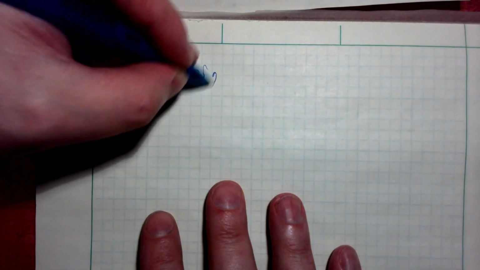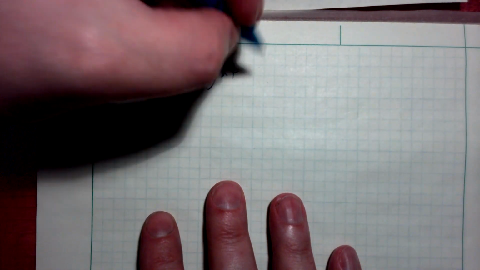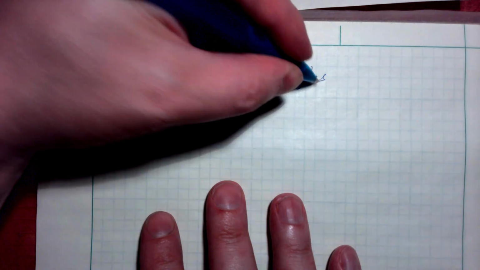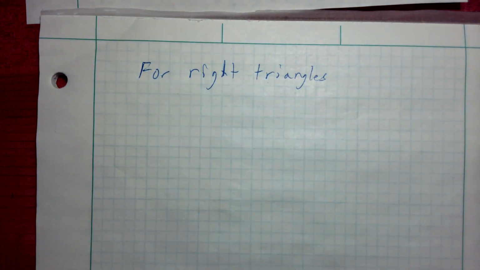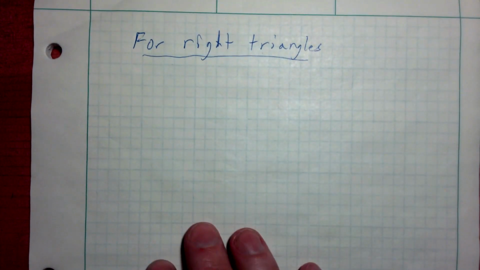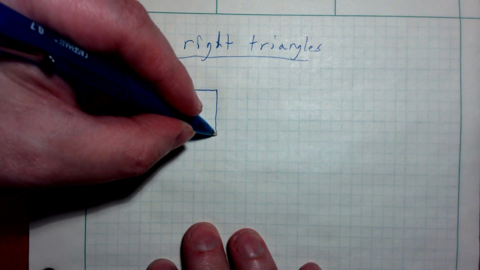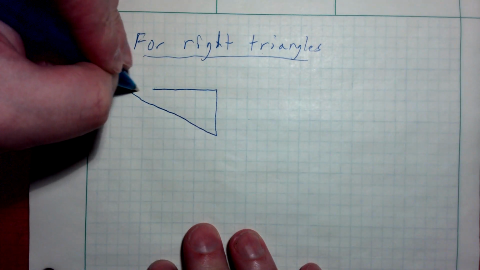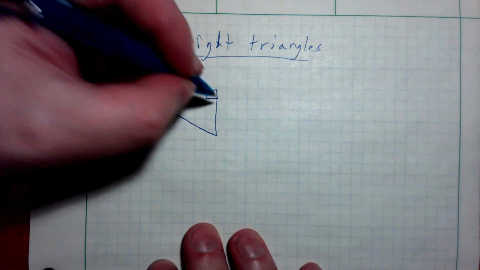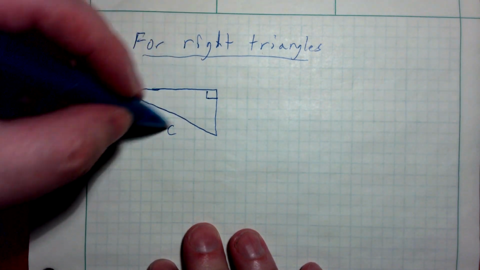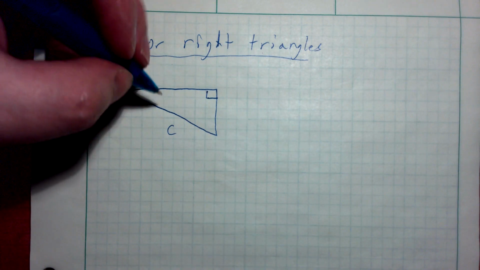So for right triangles, this is the right angle. This is c, my hypotenuse, opposite of the right angle.